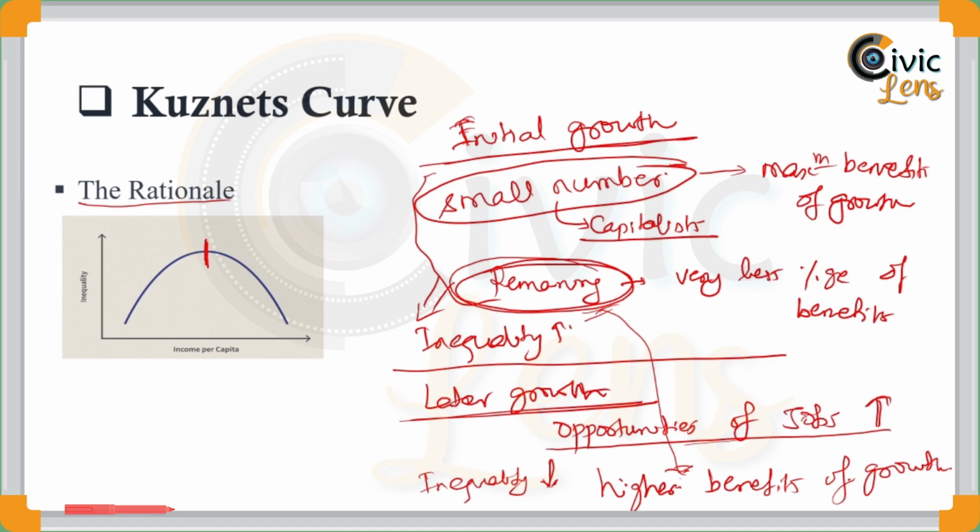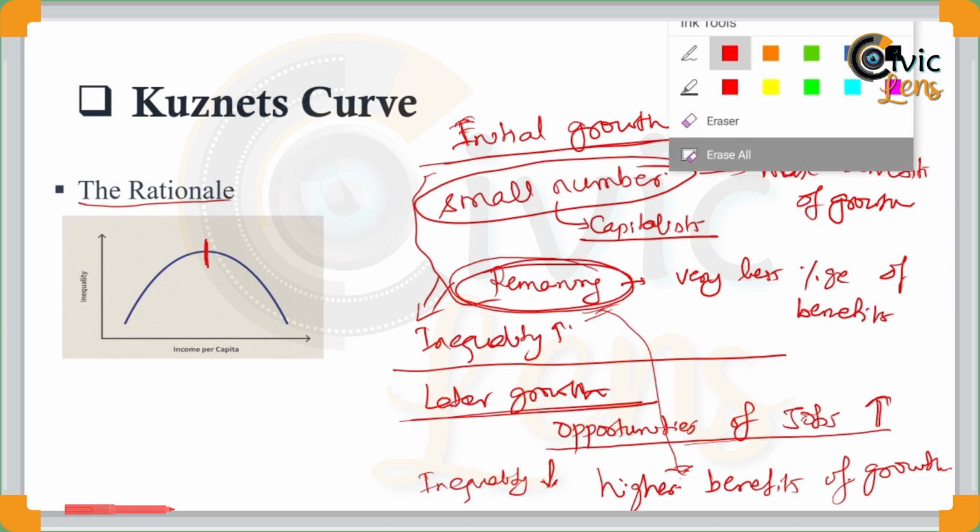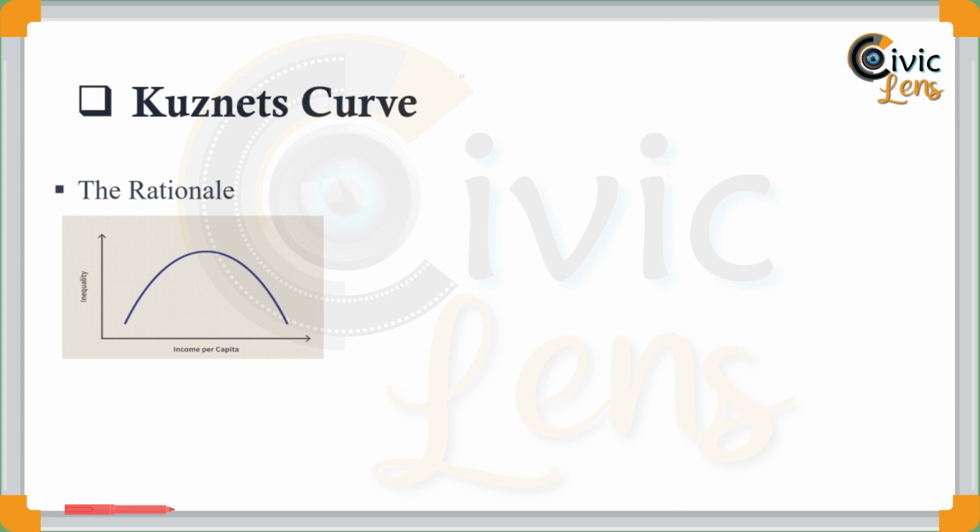Now let's understand it in a more detailed manner through an analogy, right? So imagine a party being organized, where 100 people are present, and a 1 kg cake is cut and served among the people, right?